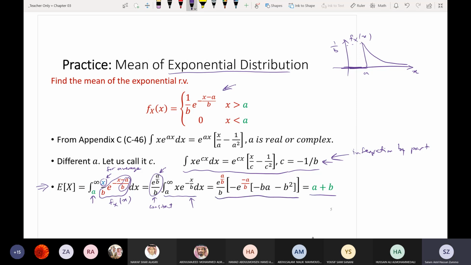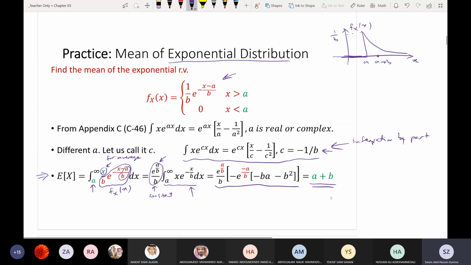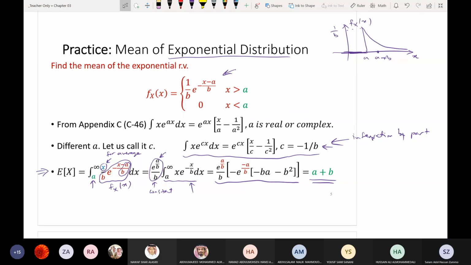Now if you simplify, you get a plus b. Remember we said the average was a plus b. So if a equals 0, it was b. So the average would be a plus b. So is it clear how we did it? Any question?